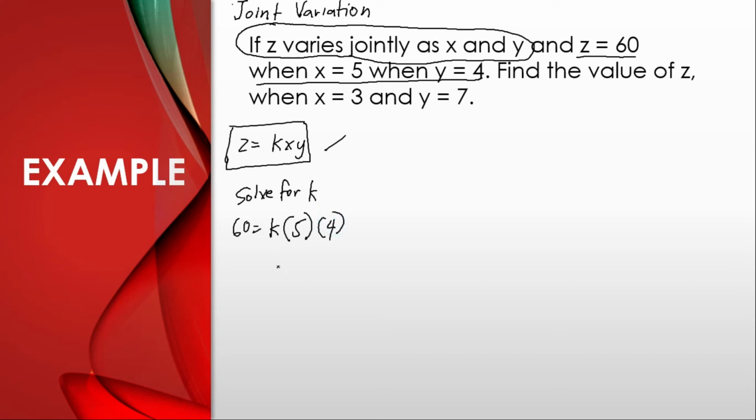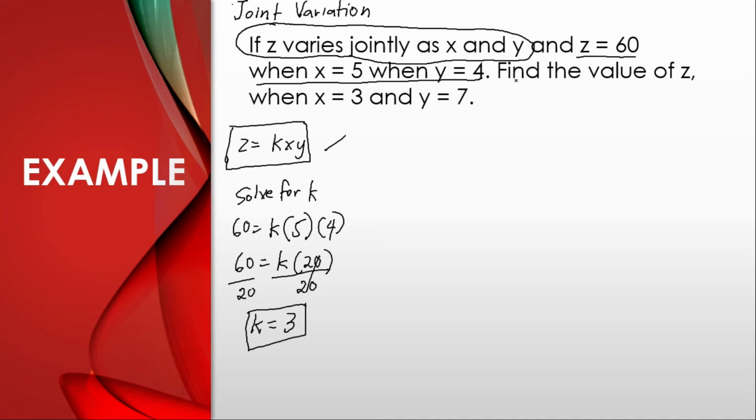So, we have 60 is equal to k times 20. Then, divide both sides by 20. So, we have k is equal to 3. Meron na tayong k. So, alamin na natin yung bagong variation natin.